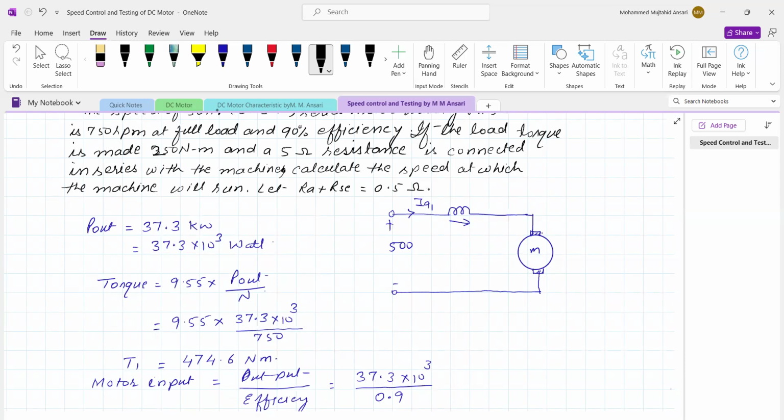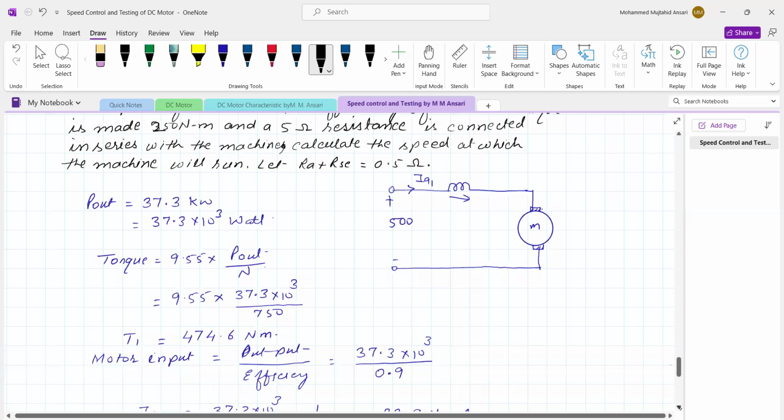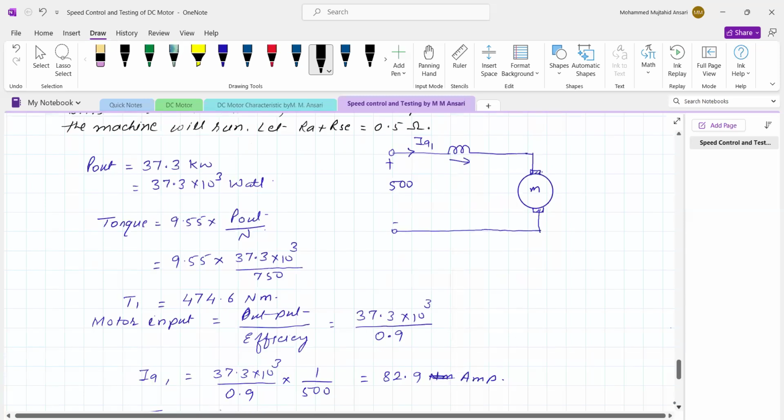So we come to know from the concept that the speed will be smaller, and if by calculation we find that the speed is more than the initial value, it means that some mistake has been done somewhere in the calculation.